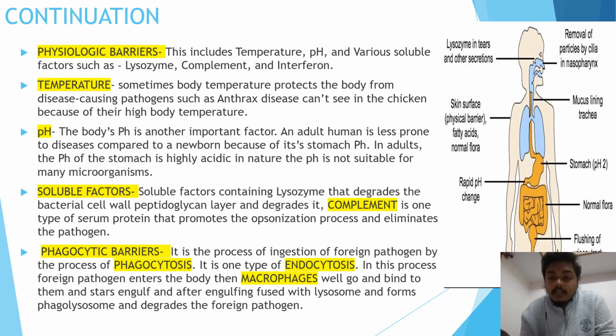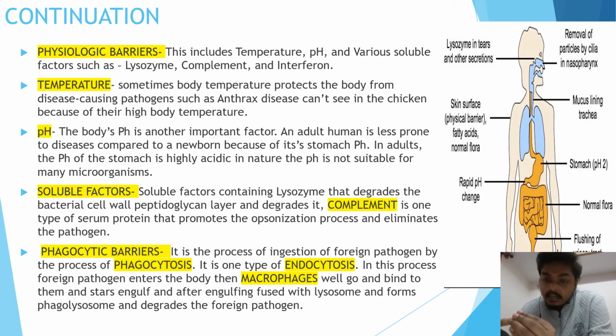In the phagocytosis process, what is happening? The macrophage, as I already said, is one of the main cells involved in the innate immune system. When a macrophage encounters an antigen, it will bind to that antigen and engulf it.